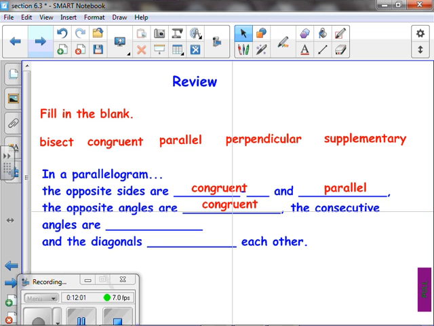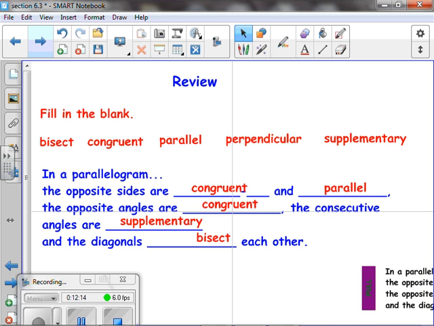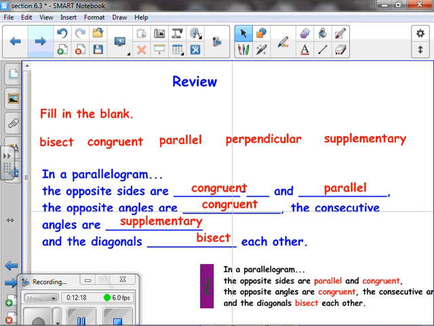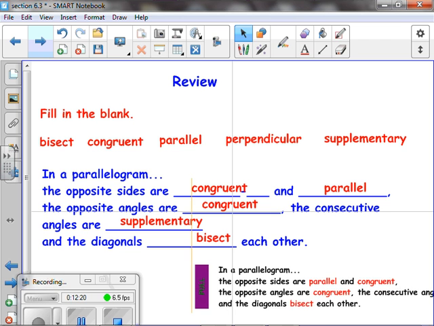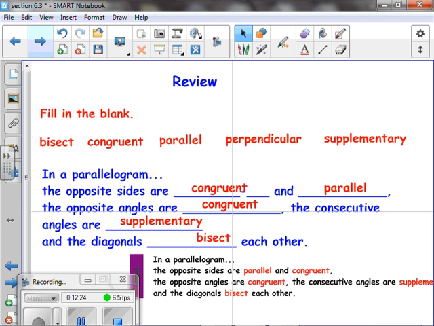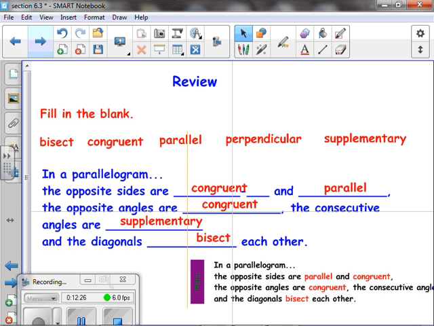The consecutive angles are supplementary. And the diagonals bisect each other. Let's see if I did that right before we do an example. Parallel and congruent. Congruent. Consecutive angles are supplementary and bisect. Yay, I didn't make any mistakes.